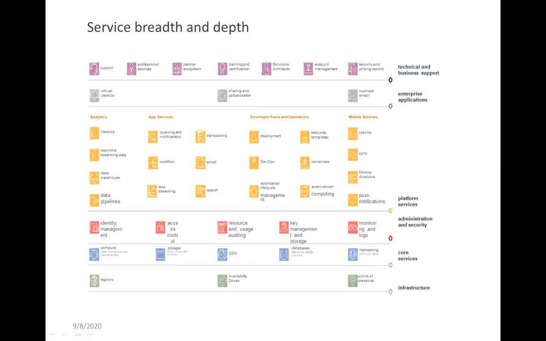Now moving upward, enterprise applications provide virtual desktops for enterprises, sharing and collaboration, and enterprise business email addresses that are also provided by Amazon. Next is the upper layer, technical and business support. The upper layer is basically support services, professional services, partner ecosystem.